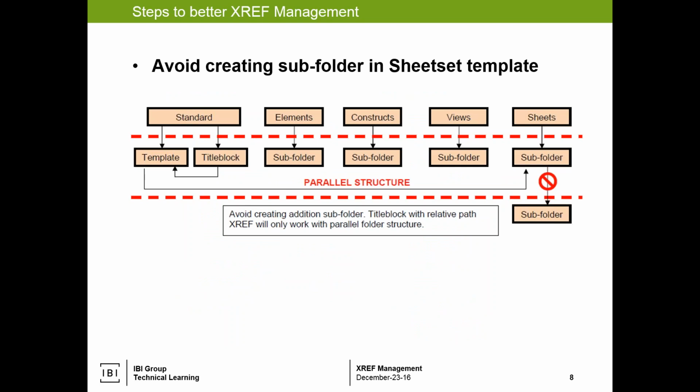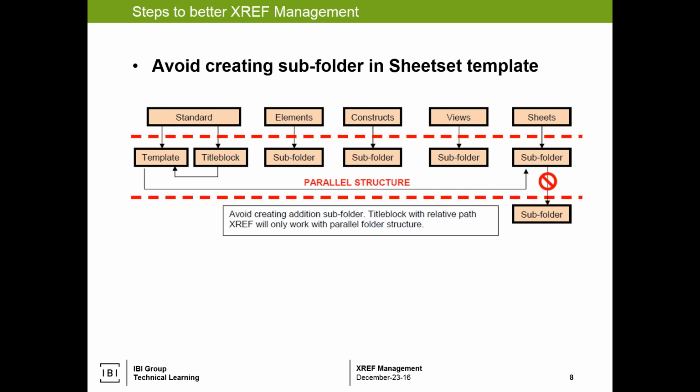Avoid creating a subfolder inside a sheet set template. So basically, when you first start with a sheet set template and copy those files into your project, one rule I always tell people is not to create a subfolder inside a subfolder.